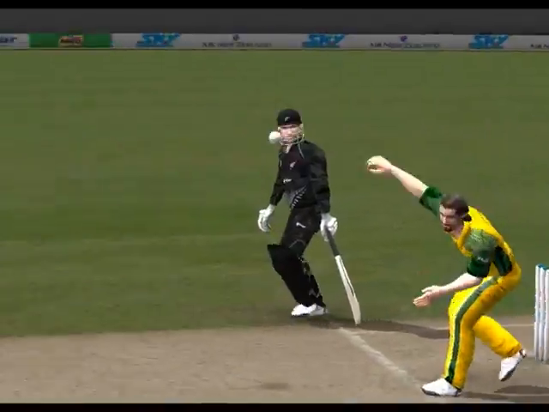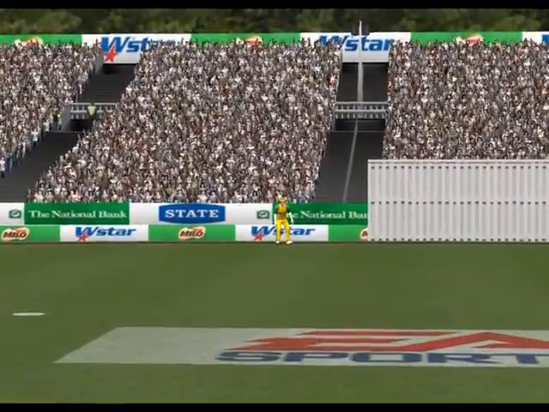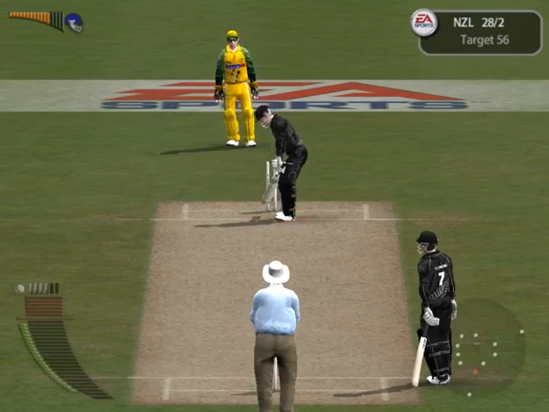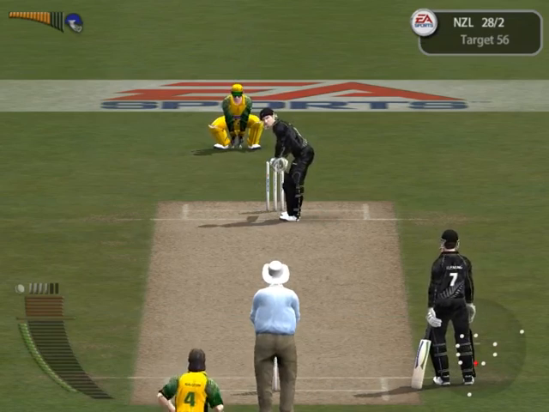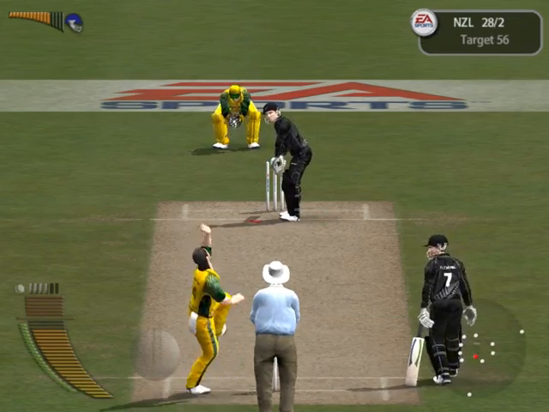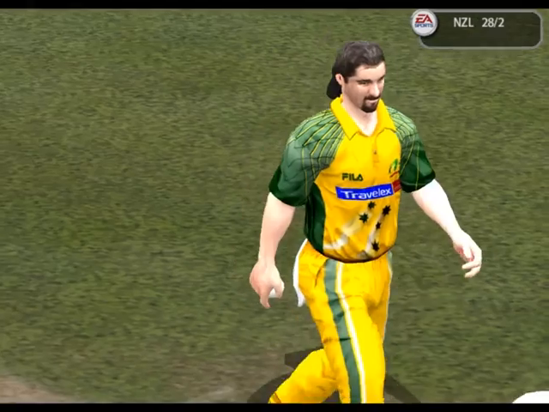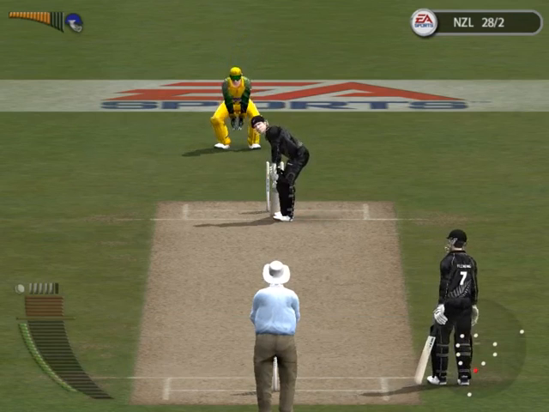Let's take a look at that in slow motion. Astle waiting at the striker's end. Gillespie, the ball to Astle.